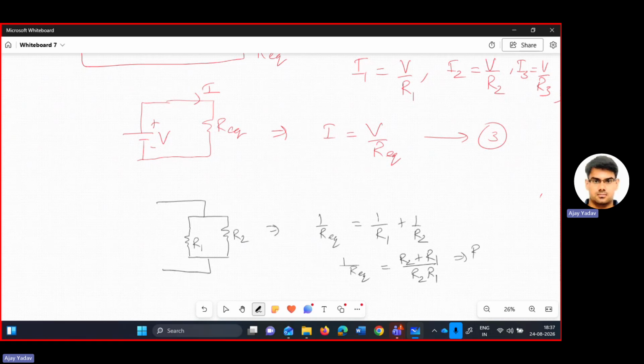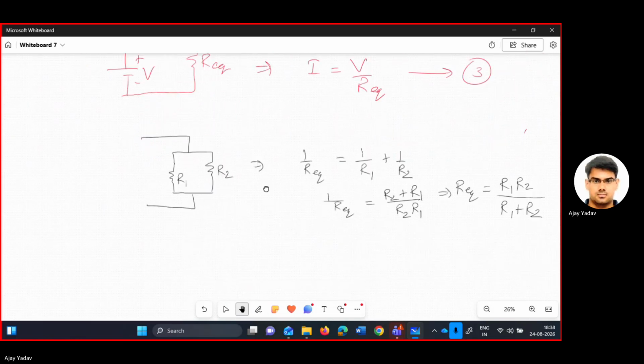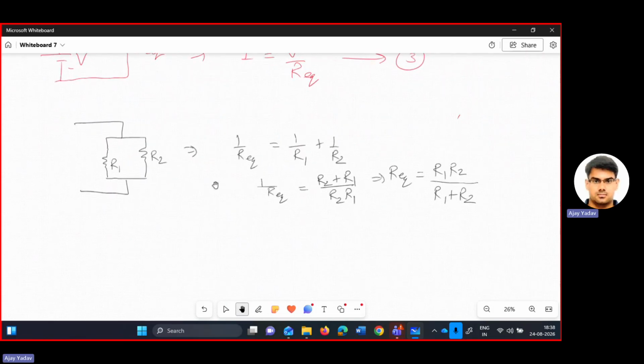Or you can say that R equivalent is R1 into R2 divided by R1 plus R2. So this is R equivalent, right?